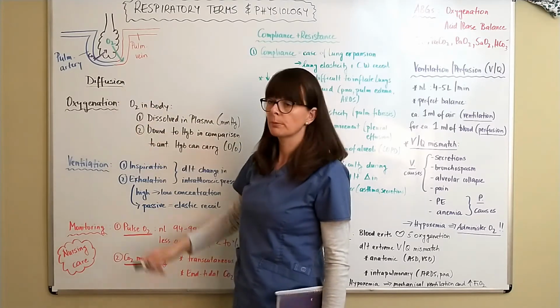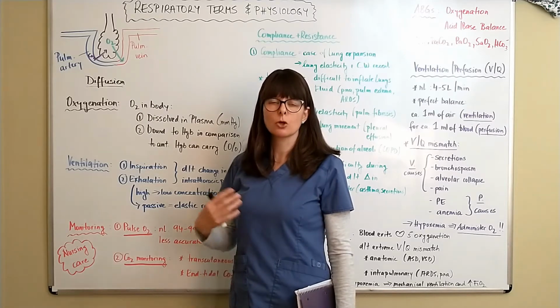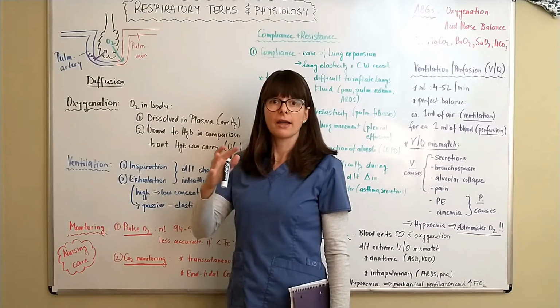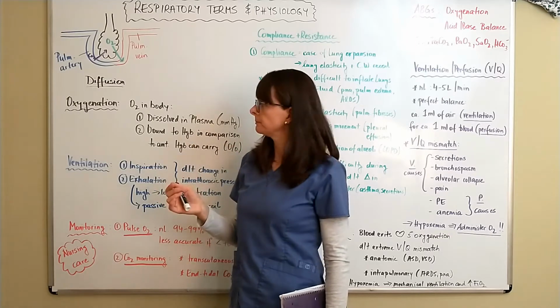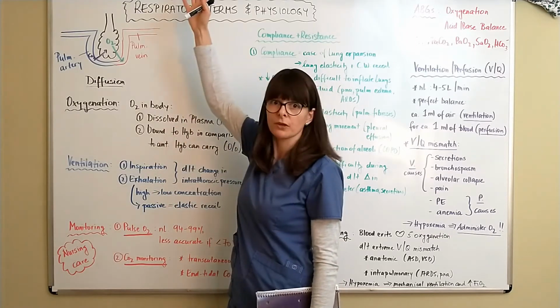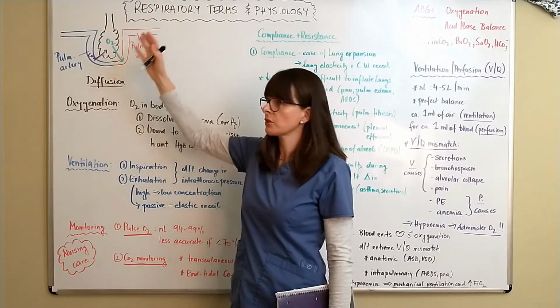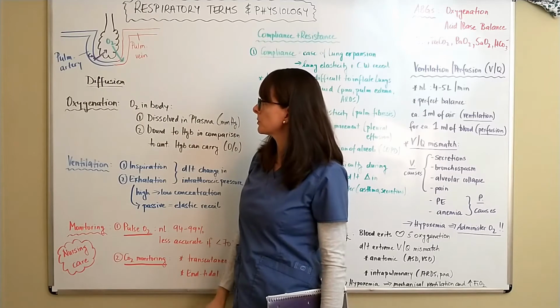This is by the simple principle of diffusion, like so many things in our body. Things move from an area of higher to a lower concentration. In this case, the atmospheric pressure is higher than the intrathoracic or intra-alveolar pressure, therefore everything will diffuse.